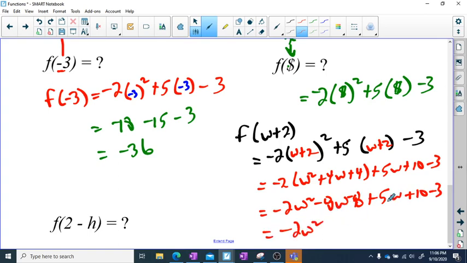So negative 8w plus 5w, that's negative 3w, a negative 8 and a plus 10, that's a plus 2, a positive 5 and a minus 3 would be a plus 2.